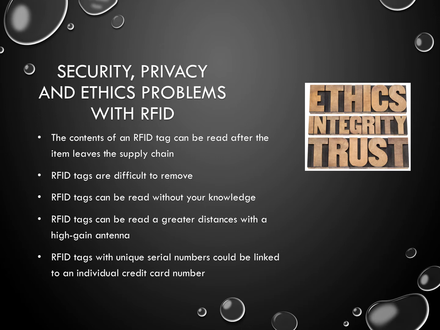So you might not expect it to be reading that tag because you think it's farther from the reading device, but because of the high gain antenna, it can be read.